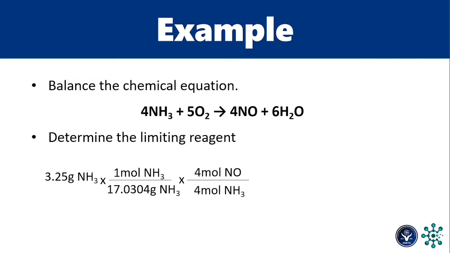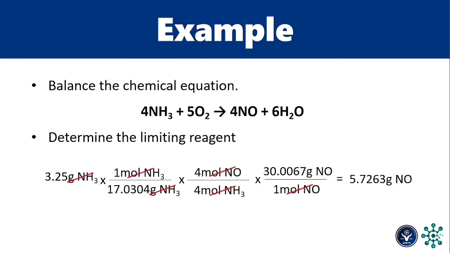It tells us that 4 moles of NH3 is consumed to produce 4 moles of NO. As you can see, moles of NH3 will cancel. We are aiming for the grams of NO, so we will multiply the molar mass. The units will cancel. We are left with the grams of NO, the desired unit.